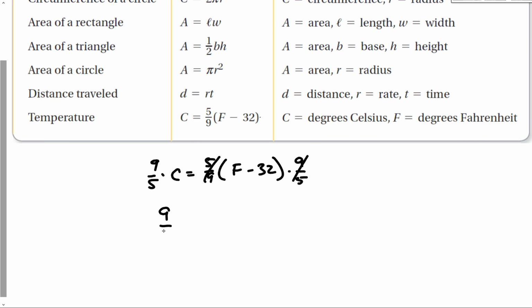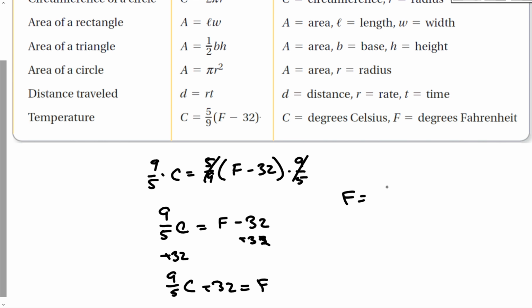And we have 9/5 Celsius is equal to the Fahrenheit minus 32. Adding 32 to both sides gives me that 9/5 C plus 32 is equal to F. So if I wanted a formula for Fahrenheit, I now have it.